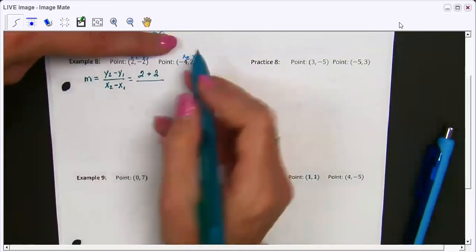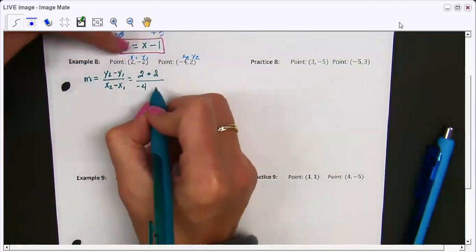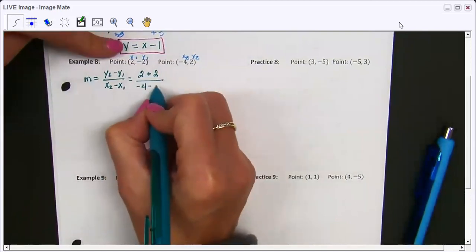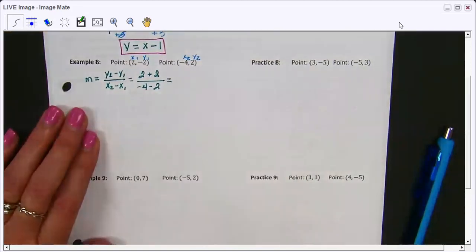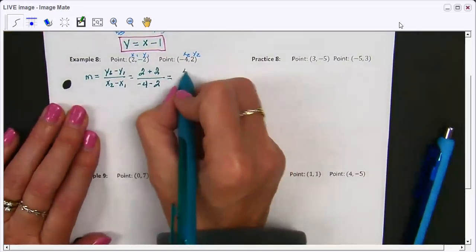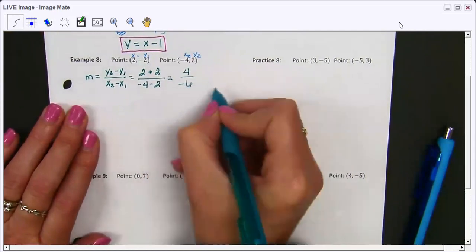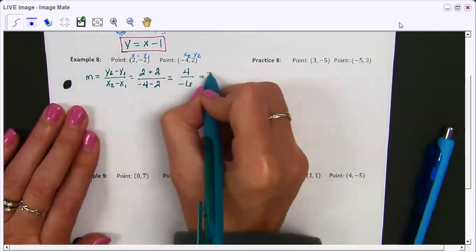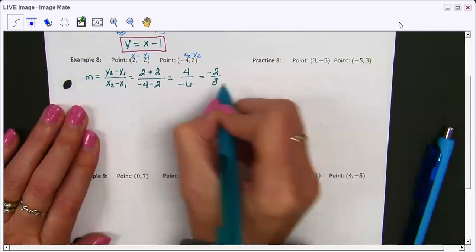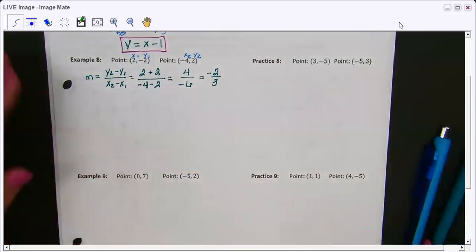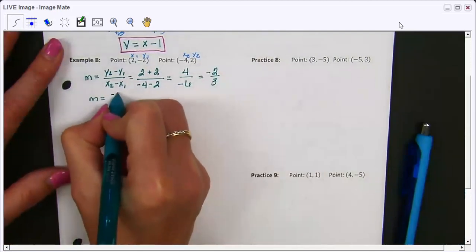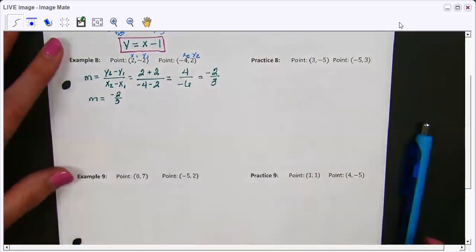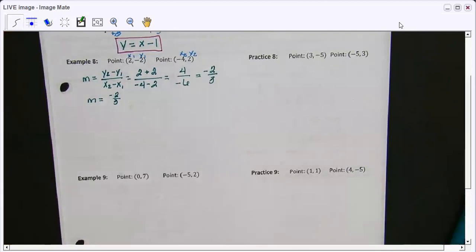Then we have our x2, which is -4, and our x1, which is 2. So -4 minus 2. Make sure your slope is correct.